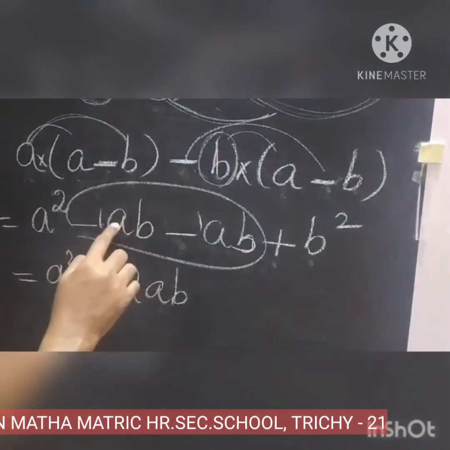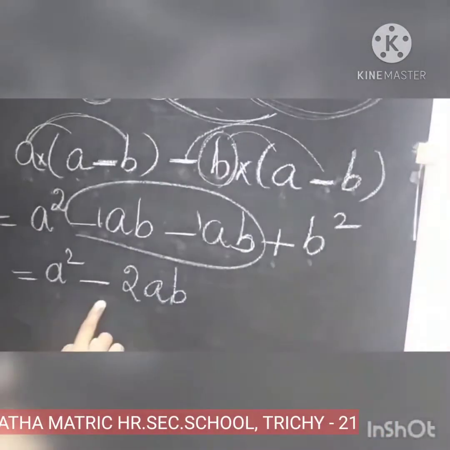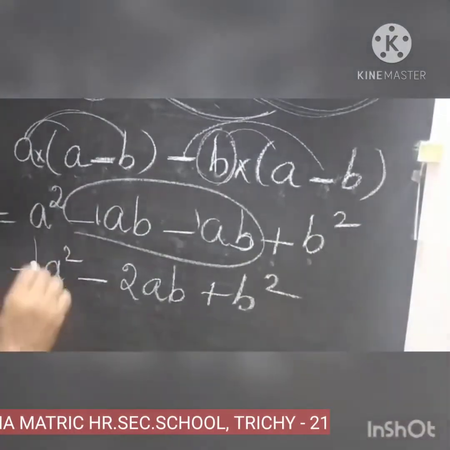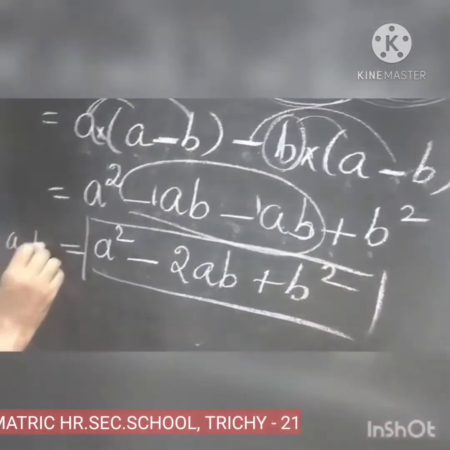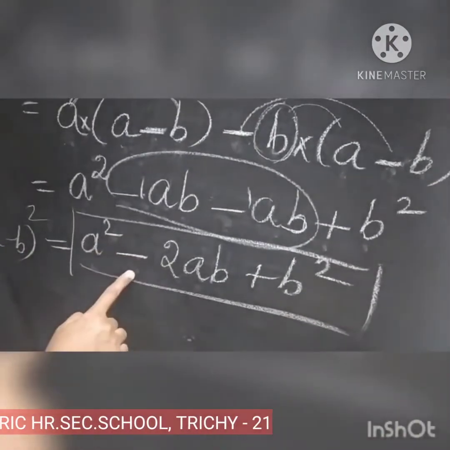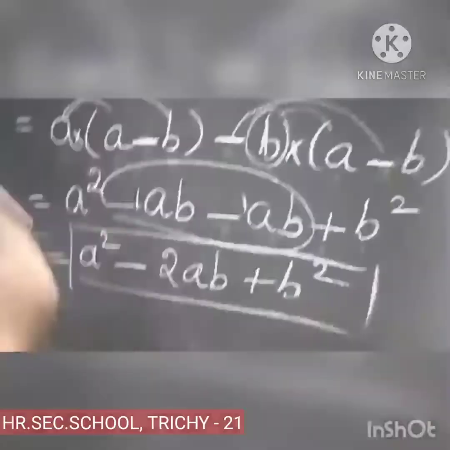Same sign means you add the like terms and give the same sign only. So minus 2ab plus b squared is the second identity. So a minus b the whole squared, the answer is a squared minus 2ab plus b squared. This is the second identity.